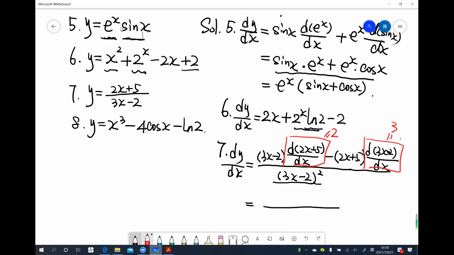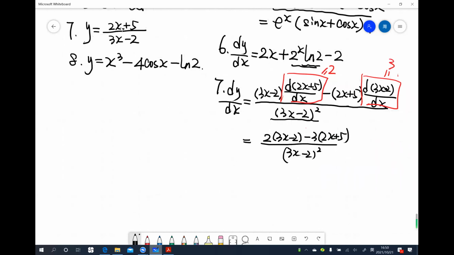So we know that equals to 2 times (3x minus 2) minus 3 times (2x plus 5) by (3x minus 2) squared, right? So after simplifying, we have that equals to minus 19 by (3x minus 2) squared. So this is the result of question number 7.